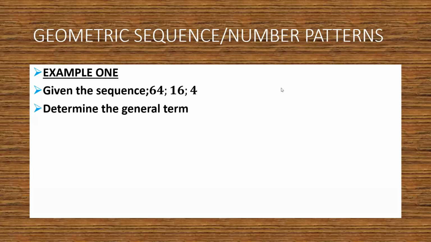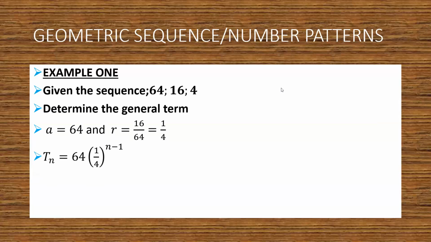I don't know if I did it right, but I found the values. So what did you get? A is 64. What is R? R is 1/4, to the exponent of n minus 1. Are we fine now? Yes. Now calculate the 20th term.